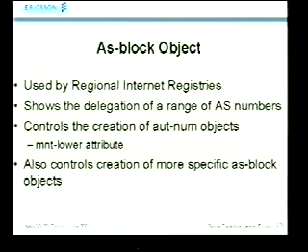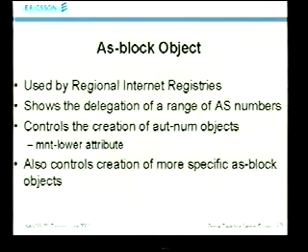This AS block object is used by regional internet registries. It shows the delegation of a range of AS numbers, and it controls the creation of aut-num objects through the mnt-lower attribute. Once the aut-num object is created, this attribute has no further effect.